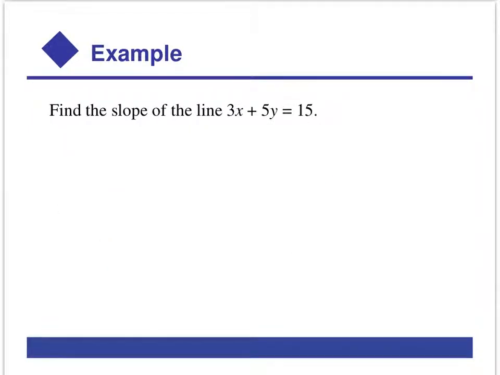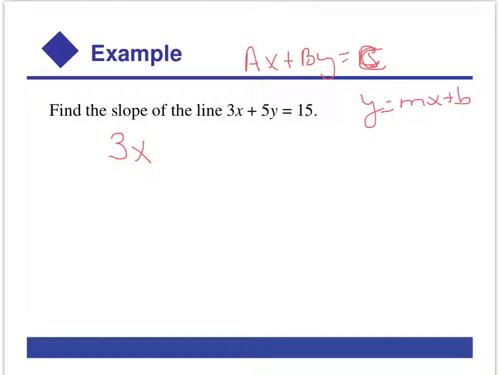Alright, if you notice, this one is written as ax plus by equals c, so we need to solve it into y equals mx plus b. So we have 3x plus 5y equals 15. I'm going to subtract 3x from both sides.